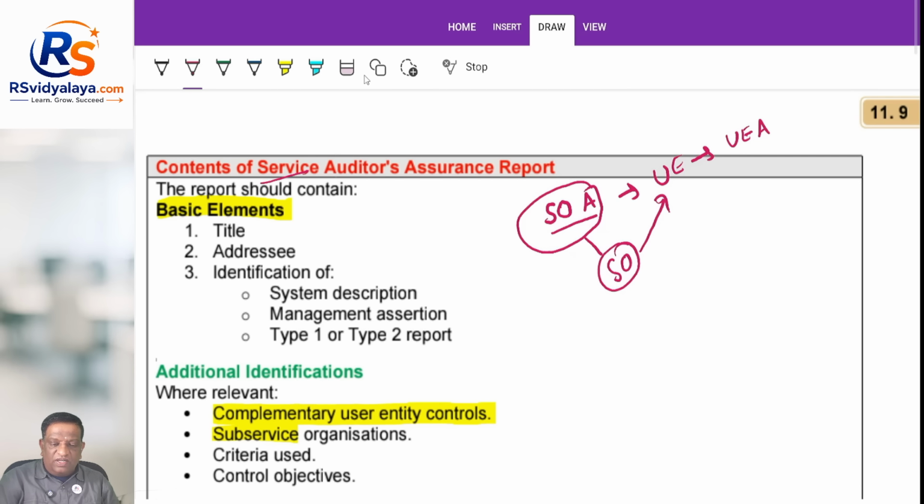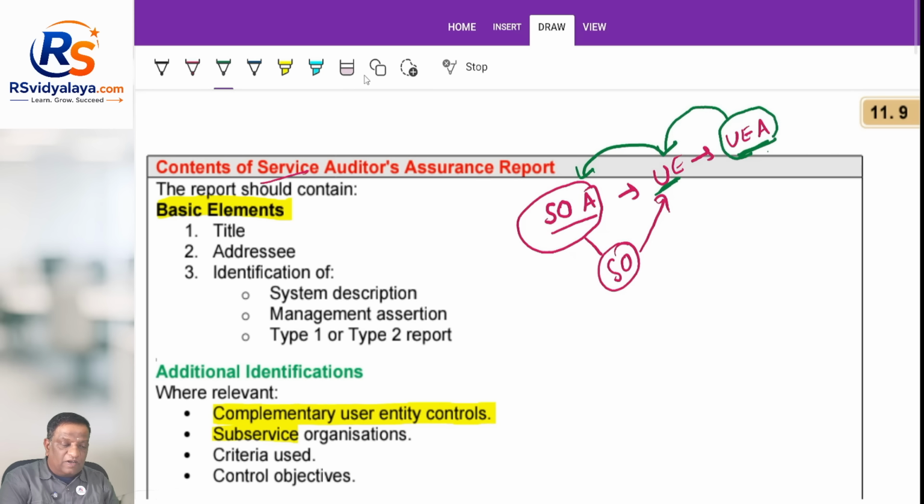I have drafted this to give you conceptual understanding. Scenario 1: because the user entity auditor wants the effectiveness of the controls, he would insist that the user entity get this report. Then the user entity, by speaking to the service organization, will appoint this auditor directly, in which case he would be reporting directly to the user entity.